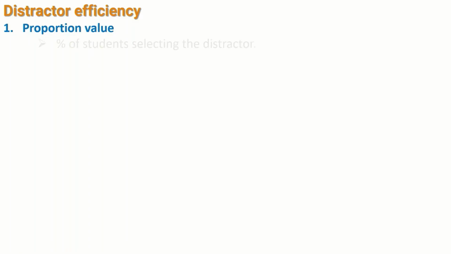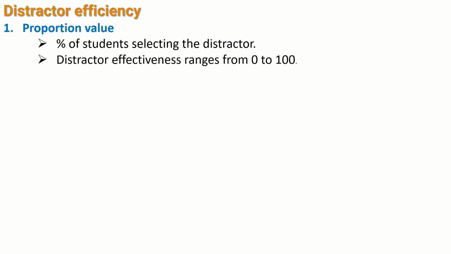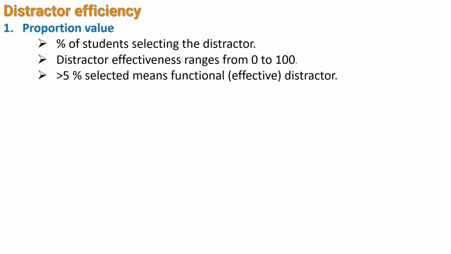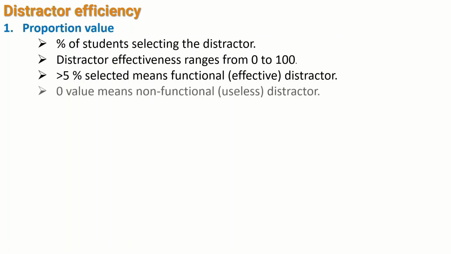So in the proportion value test, the percentage of the students selecting the distractor is calculated, and the distractor effectiveness has a range from 0 to 100%. A distractor that has been selected by more than 5% of the students indicates that it is a functional, effective distractor.